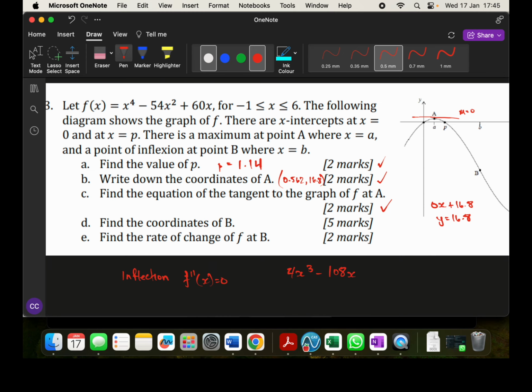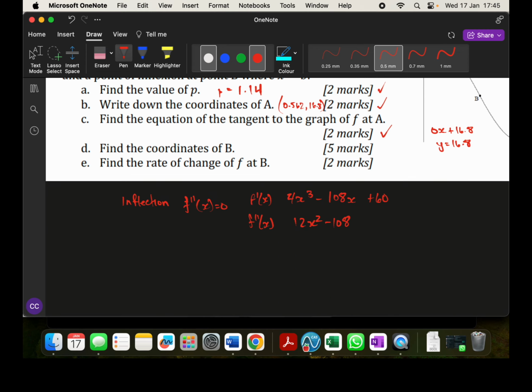Thank you, IB program. So that is our first derivative. Our second derivative is 12x squared minus 108. And all we have to do is find out where 12x squared minus 108 equals 0.